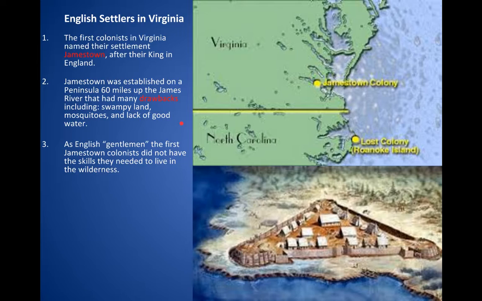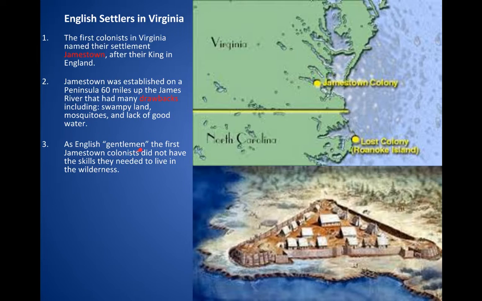Moving on, as English gentlemen, the first Jamestown colonists didn't have the skills needed to live in the wilderness. Pretty much what happened was that in England, a bunch of these gentlemen, a bunch of these rich guys who really just wanted to go on an adventure, thought to themselves, oh yeah, I'll go over to the Americas and it'll be a big adventure, it'll be really interesting to go over there.